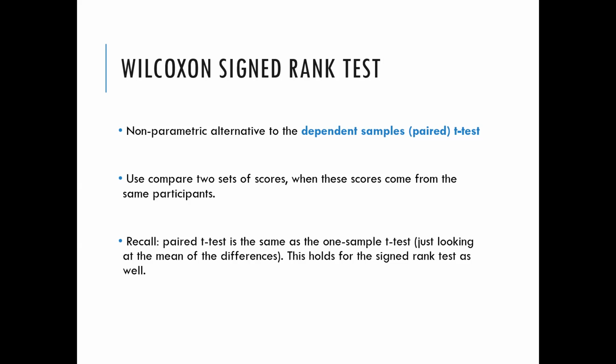So all the t-tests are comparing a mean to some value. In the one sample t-test, we're looking at the mean and comparing it to some population value. And in this case, the paired t-test is very similar because we're looking at the difference. And here we're saying, the difference is 0.